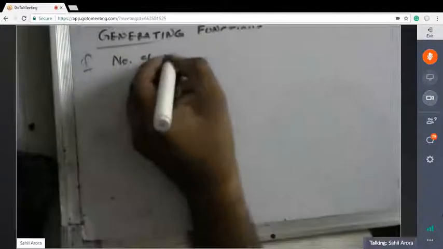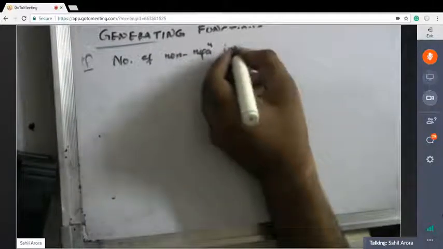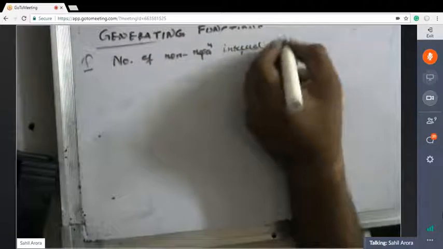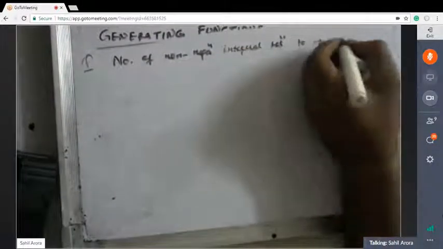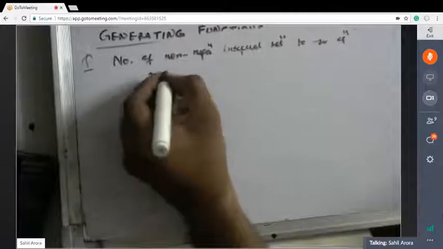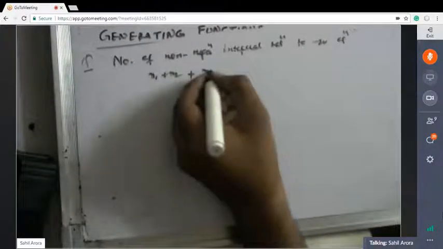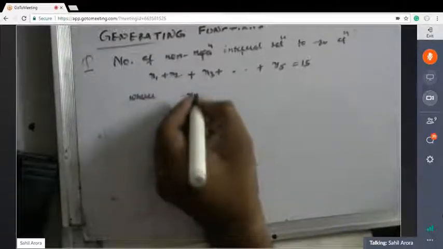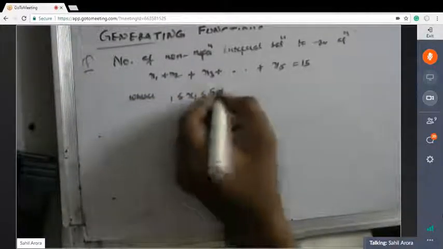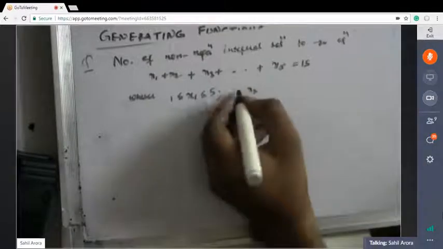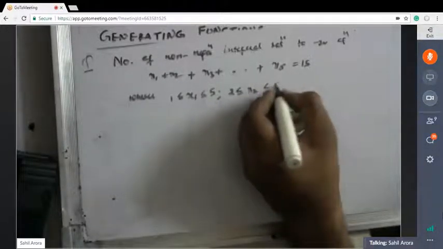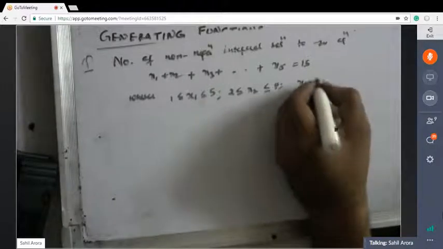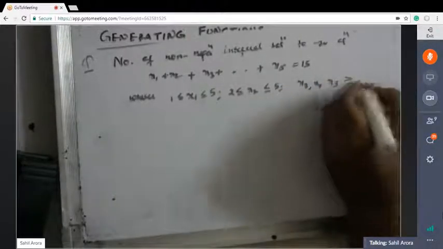So the number of non-negative integral solutions to the equation x1 plus x2 plus x3 and so on up to x5 equal to 15, where x1 is greater than or equal to 1 and less than or equal to 5, and x2 is greater than or equal to 2 and less than or equal to 5, and x3, x4 and x5 are all greater than or equal to 2.